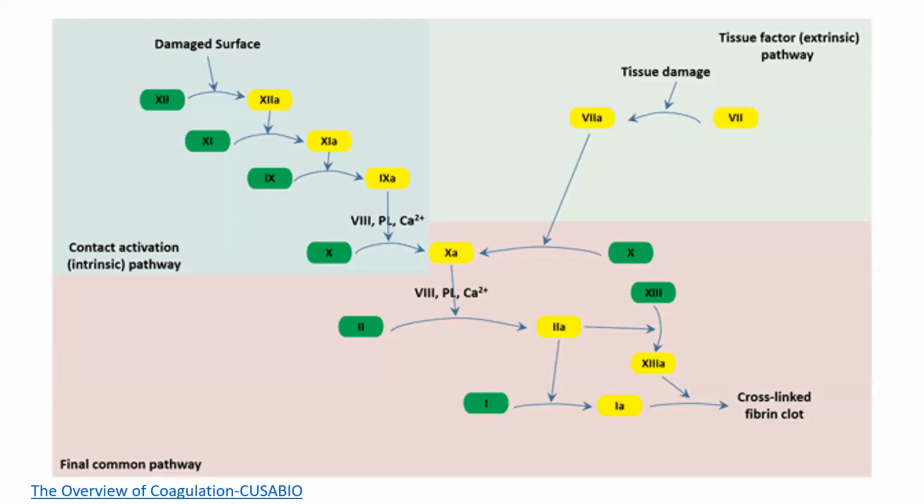Also, briefly looking back over the clotting cascade, you'll notice that you have two pathways where things can start. You have the contact activation or intrinsic pathway, which is going to be initiated whenever you have an endothelial injury or insult that occurs within the vessel. That's going to begin with the damaged surface.